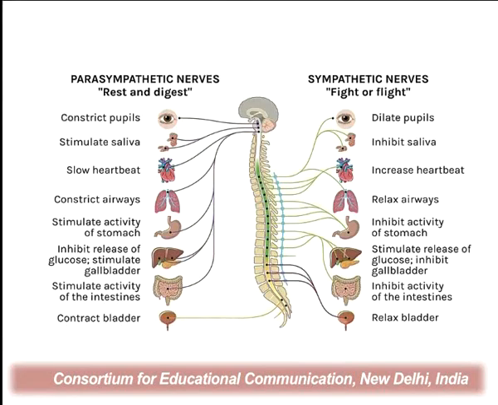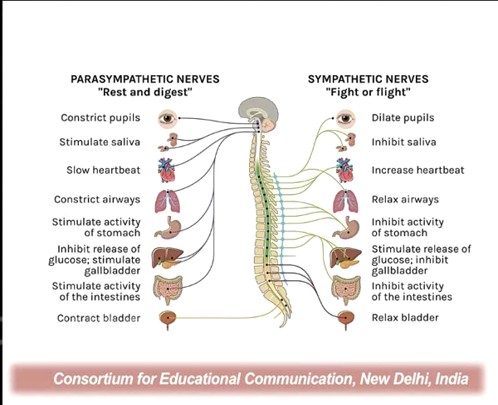So this picture is very important. Here we can see the different functioning of the parasympathetic nerves and sympathetic nerves. The parasympathetic nerves, we call them rest and digest, and the sympathetic nerves, we call them fight or flight.